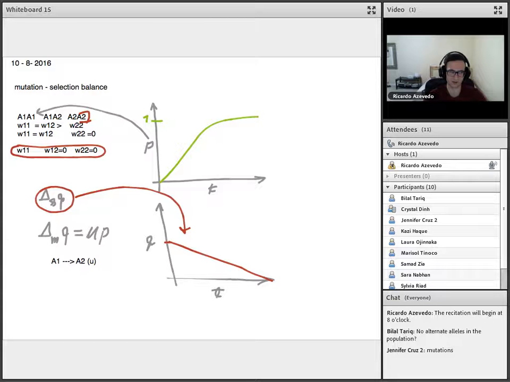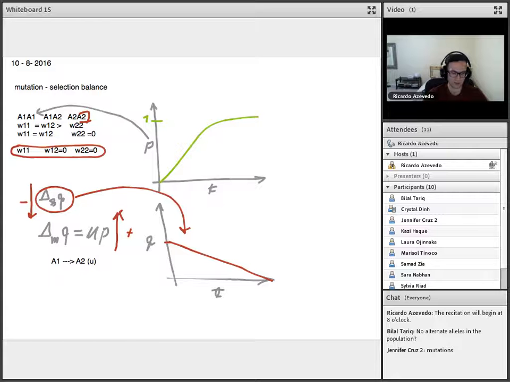Sorry, so this delta Q is negative for P, so it results in P going down. Delta Q is positive because it's an increase in frequency of Q. So it's going to increase Q in the population, hence making it stay within the population.